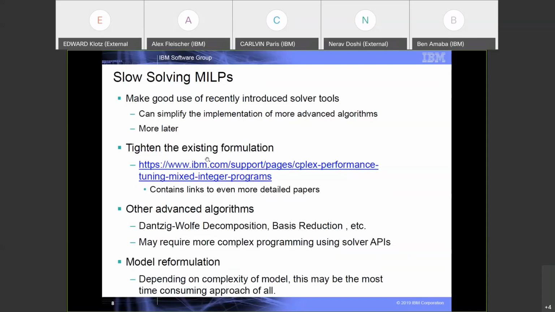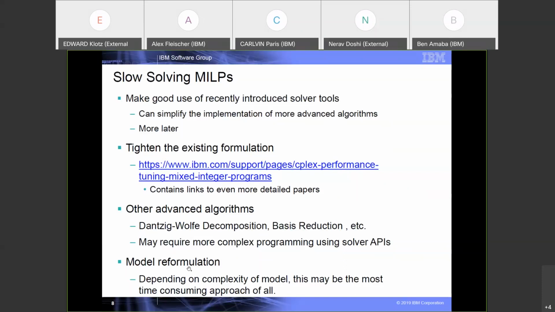You can tighten the existing formulation, and I'm giving you a link to a tech note, which in turn links to even more detailed papers on this subject, which is quite elaborate, but at the same time, there are some things you can do very early on to get started quickly. And then beyond that, there are other advanced algorithms that Seaplex doesn't offer directly. Sometimes those are the way to solve a problem, but they require using the solver API, implementing something yourself.